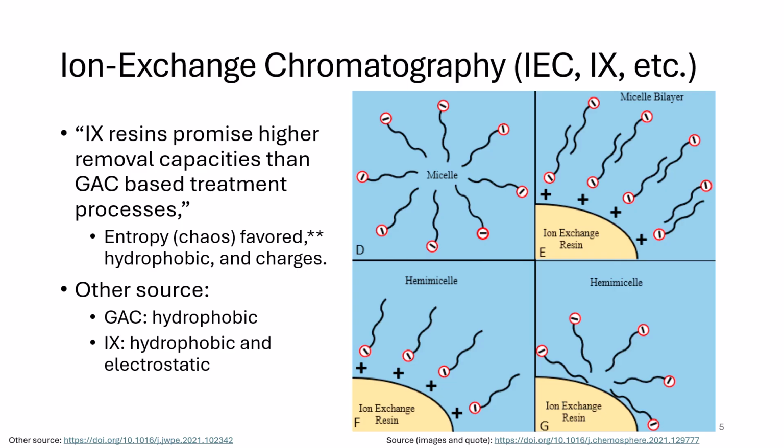Millions of different names for it. I'm just going to refer to IEC or ICE in this video. But basically, ICE is much better at removing PFAS than GAC. And the reason, obviously, is that there is a little bit more energy. It's a little bit more favorable, right? It's a lot further away from the eye of the storm, basically, right?